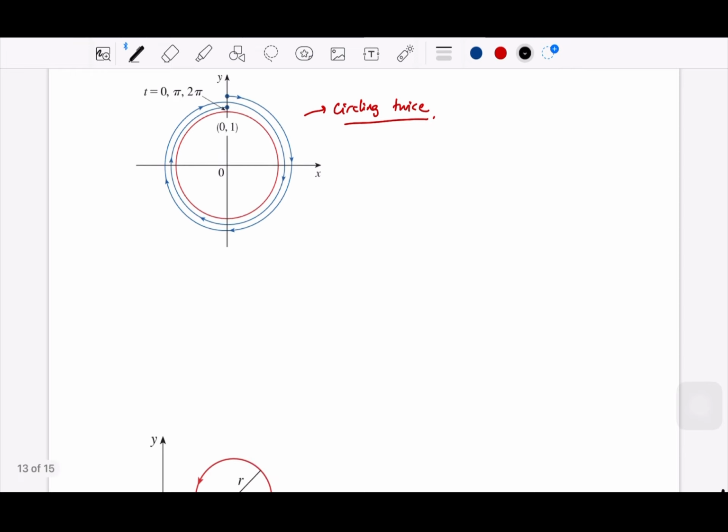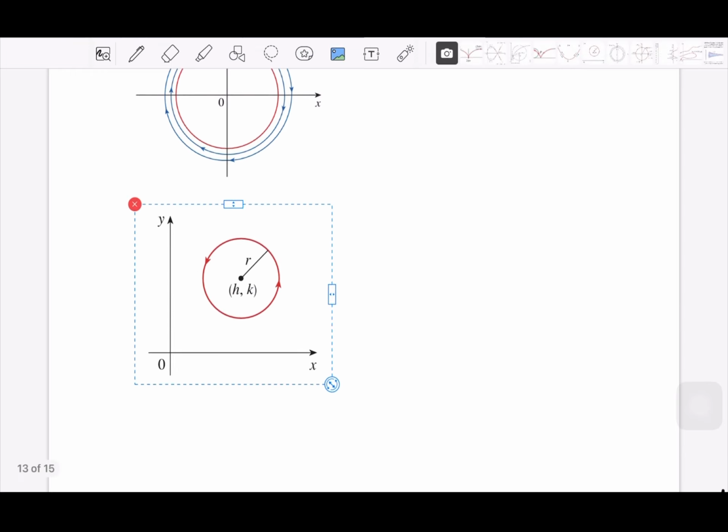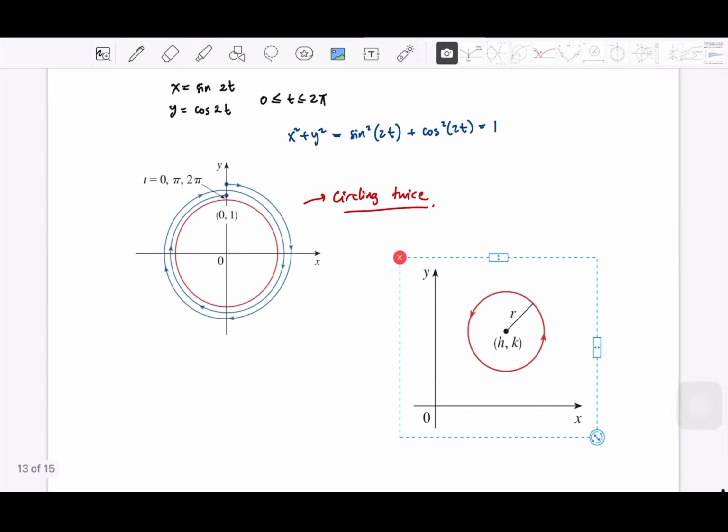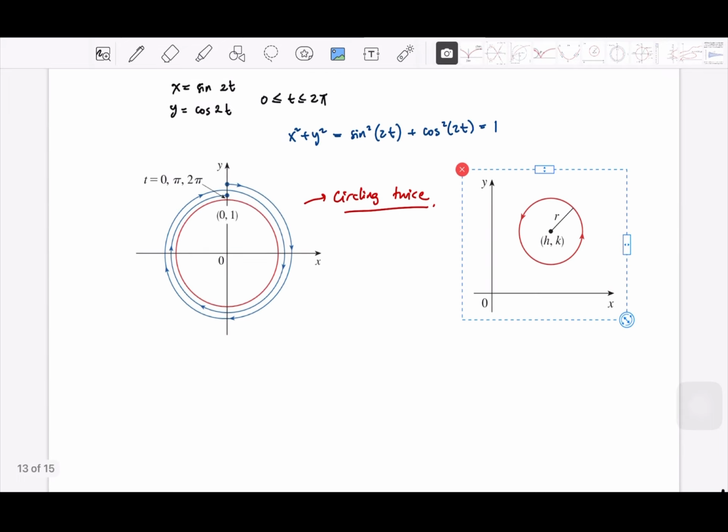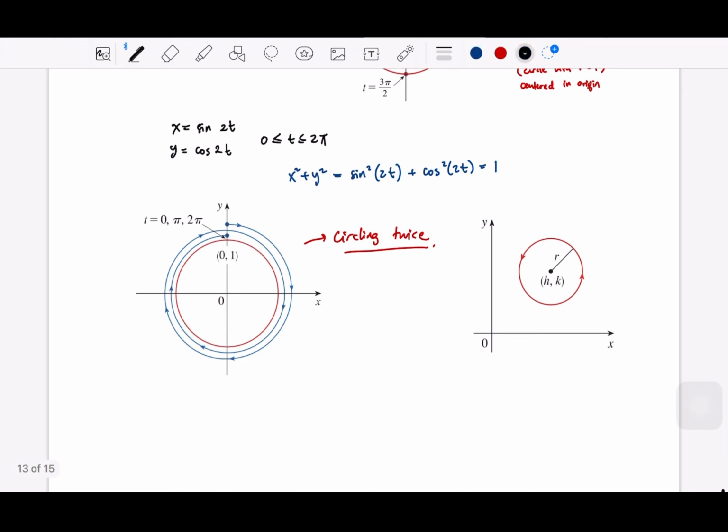Like this one, let me maybe put up here to give you. So this will be the circle for, let's say, (x minus h)² plus (y minus k)² equals r squared.